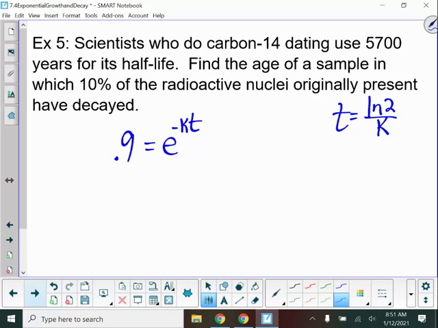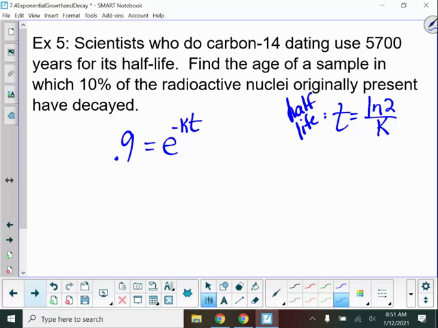So it's easiest to just put what amount you have left equal to e to the negative kt. We want to know how much time has actually passed with that.